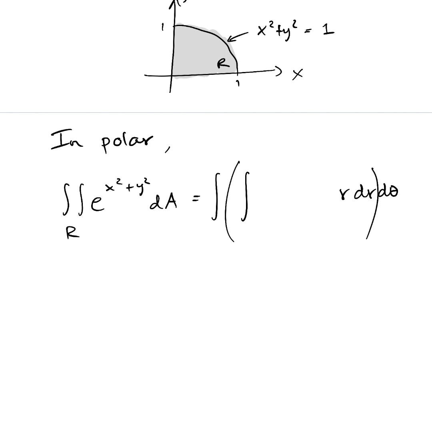Look back at this picture here. What kinds of thetas are in play? 0 to pi over 2, clearly. For each of those thetas, between 0 and pi over 2, what kind of r's are in play? 0 to 1, clearly. We're integrating e to the x squared plus y squared.